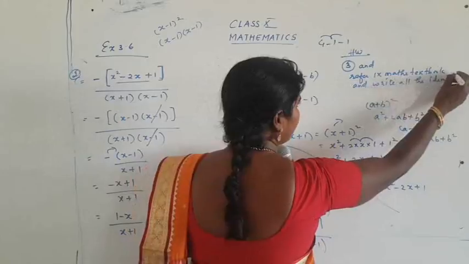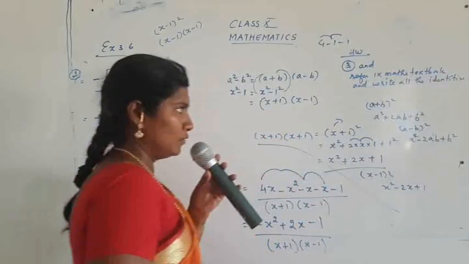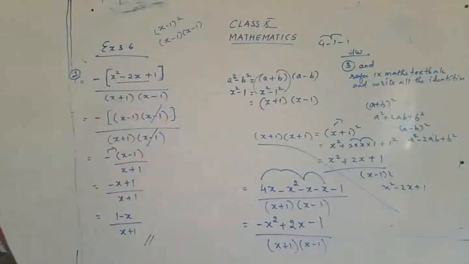Like a plus b the whole square, a minus b the whole square, a plus b into a minus b, a cube minus b cube, a cube plus b cube. There are a lot of identities. You have to complete the homework and submit it. The details will be given to you on how to submit your homework. So do your work properly.